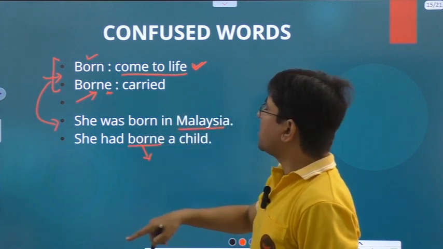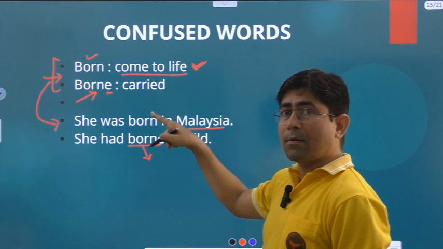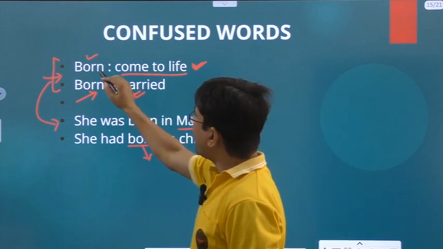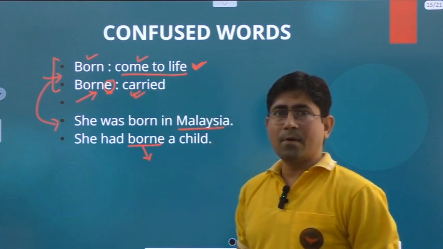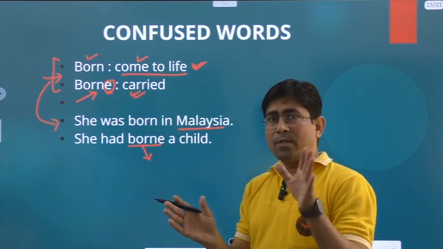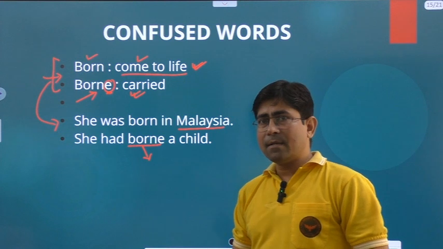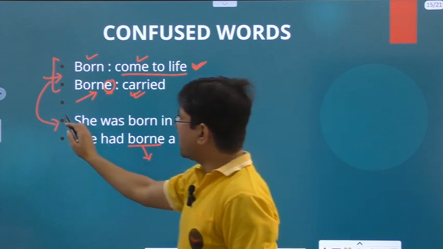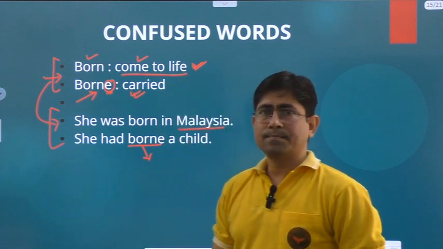So this is the difference between born and borne. Borne ending with E is carried, and born means come to life. So mind the difference between the meanings of these two words, and use them very carefully in your sentences.